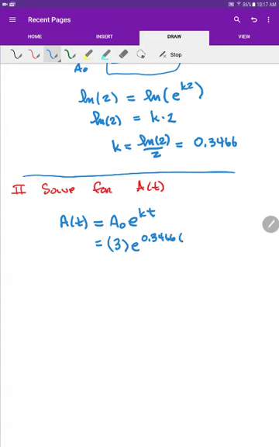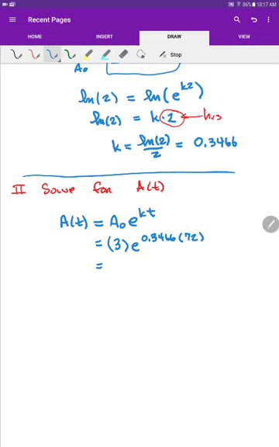And the time was 3 days, but remember, we calculated K using hours. So if this was hours, then we've got to stick with hours down here, and we've got to go 72. It's 24 hours times 3.